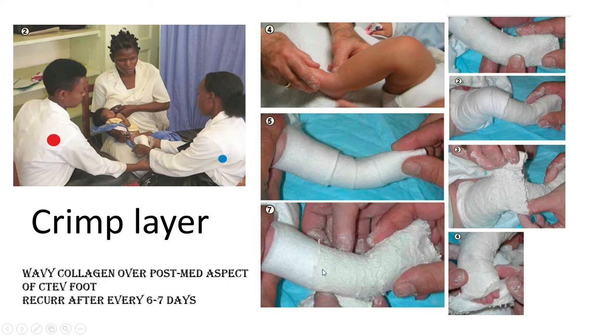And last but not the least, one of the most important deformities of CTEV is equinus. If we keep the knee flexed, then the gastrocnemius soleus will relax.